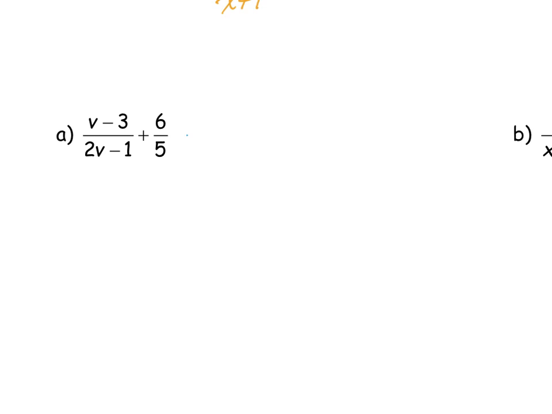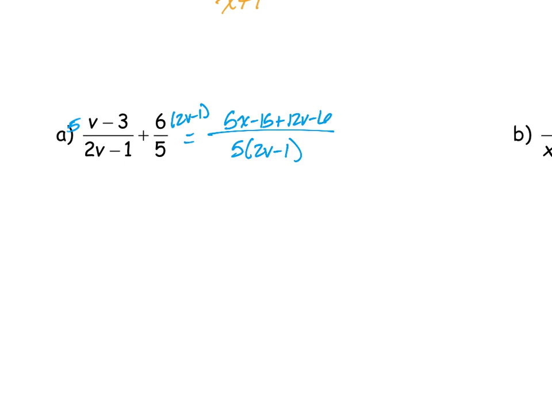So my common denominator is 5 times 2v minus 1. So this side needs to be multiplied by 5, and this side needs to be multiplied by 2v minus 1. So I get 5v minus 15 plus 12v minus 6. Did you get 16?